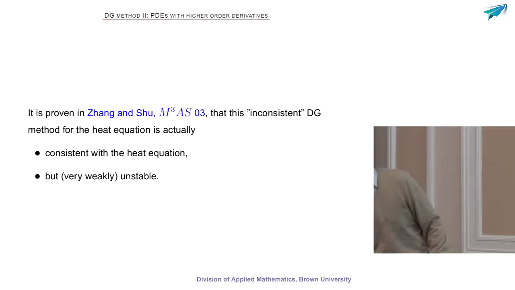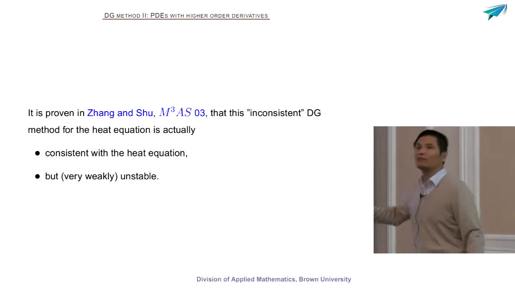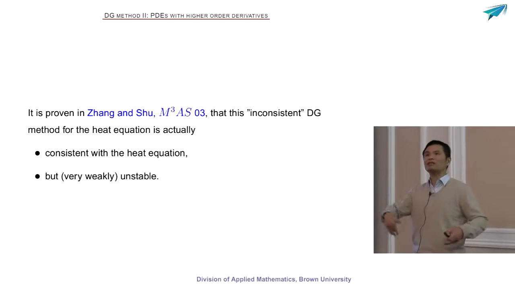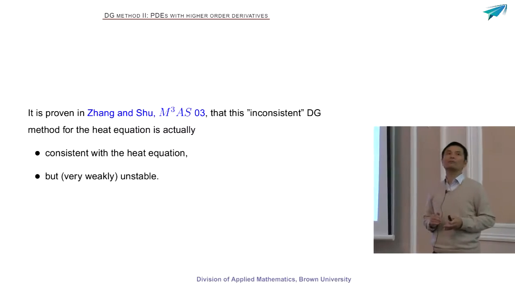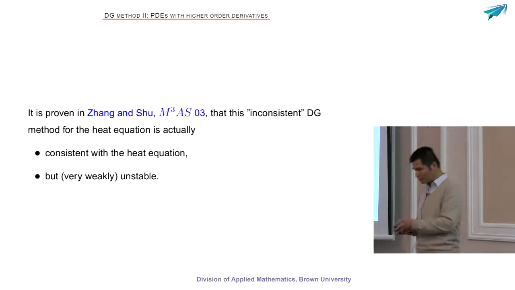This is also a good example to show that when you try to generalize DG methods beyond the hyperbolic case, you have to be super careful, because there might be such pitfalls that you might get completely wrong results. So you would have to either do numerical tests or, better still, perform some analysis, at least for simple equations, and make sure that your method is a good one.